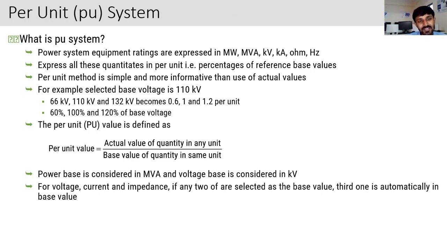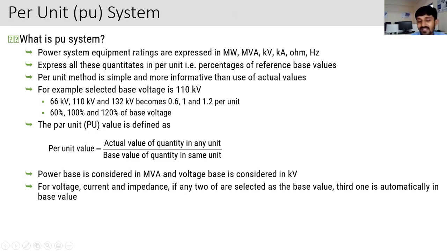The per unit method is simpler and more informative than the use of actual values. We will see how it is more useful for the calculations of any system. Here is just an example: the selected base values are 101 kV, and we have 66 kV and 132 kV.